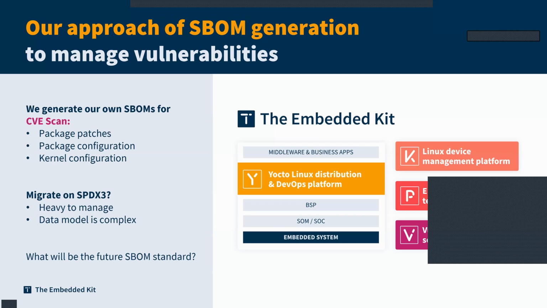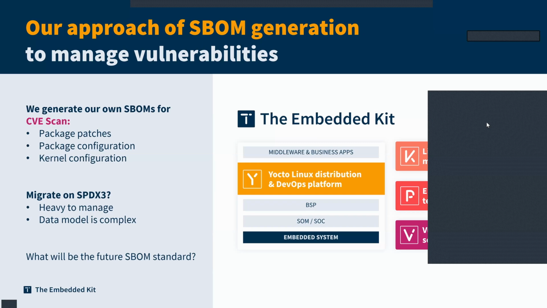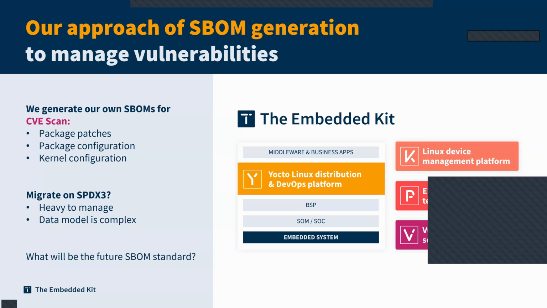If you want to know more, if you want to have a debate about these software bill of material topics and, at the end, vulnerability management, really happy to answer your questions. As I said, SBOM is really a topic for three main reasons: manage and understand what is included into your image, and it could be a key topic for reducing the image, because reducing the image is a key topic for cybersecurity, because reducing and limiting the unused components really makes sense, as it will limit the number of vulnerabilities.